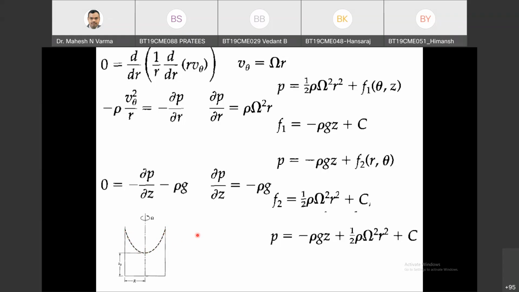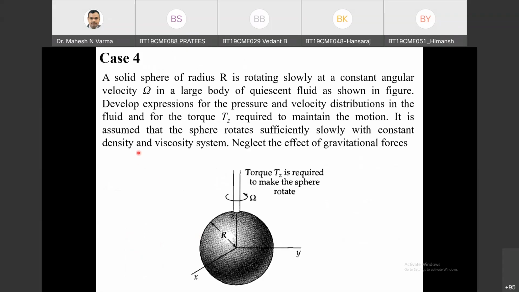Now today we'll solve this problem. A solid sphere of radius R is rotating slowly at a constant angular velocity omega. So this is omega, and now this is a sphere. So this will be a spherical coordinate system.